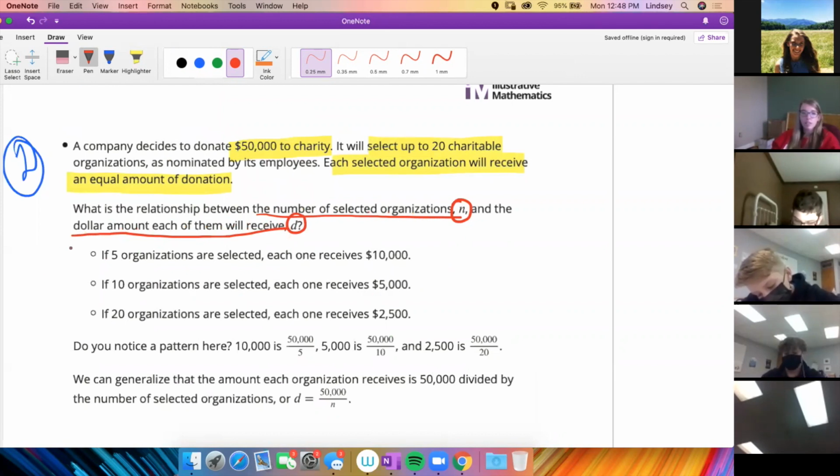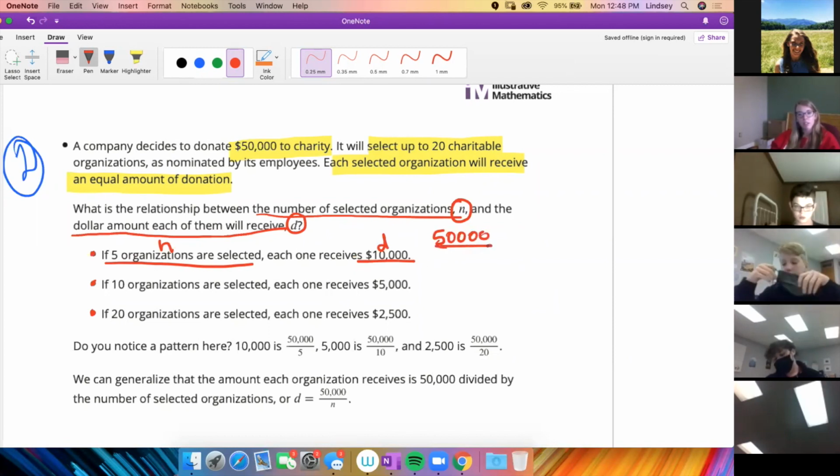It gives us these 3 little bullet points here. If 5 organizations are selected, that's N, they will receive $10,000. That's D. So we're taking that 50,000, dividing it by the number of organizations, and that equals the amount of money donated. Same for the next one. We have 10 organizations, and that's $5,000.